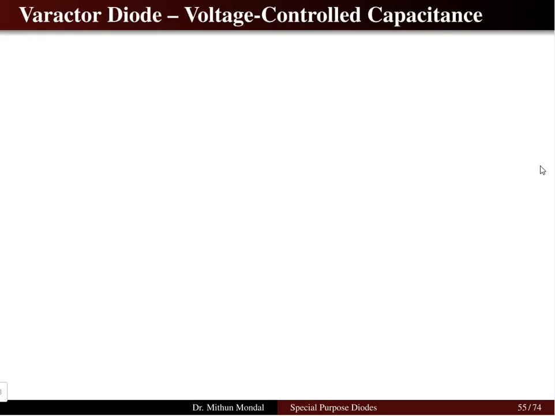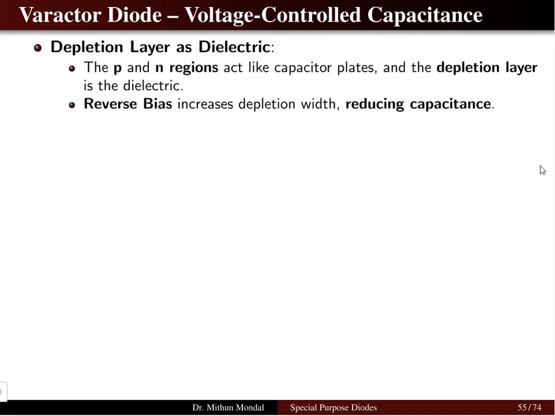The next special purpose diode we will discuss is the Varactor diode, which is basically a voltage controlled capacitance. We can think of the P and N regions as capacitor plates, and the depletion layer as the dielectric.